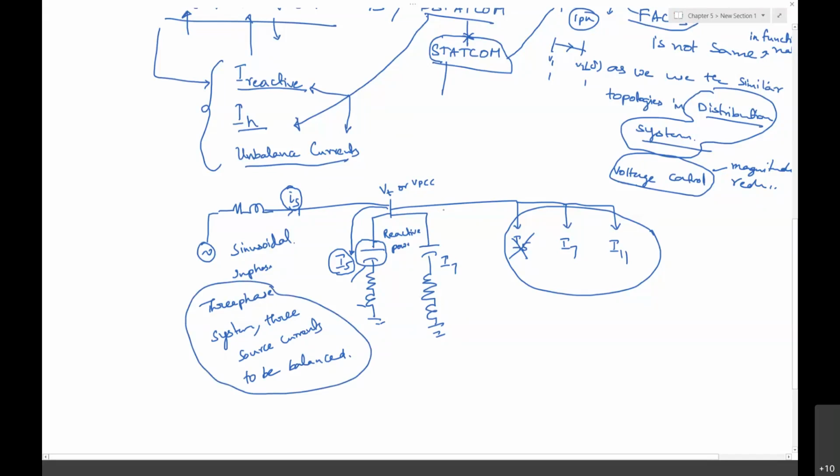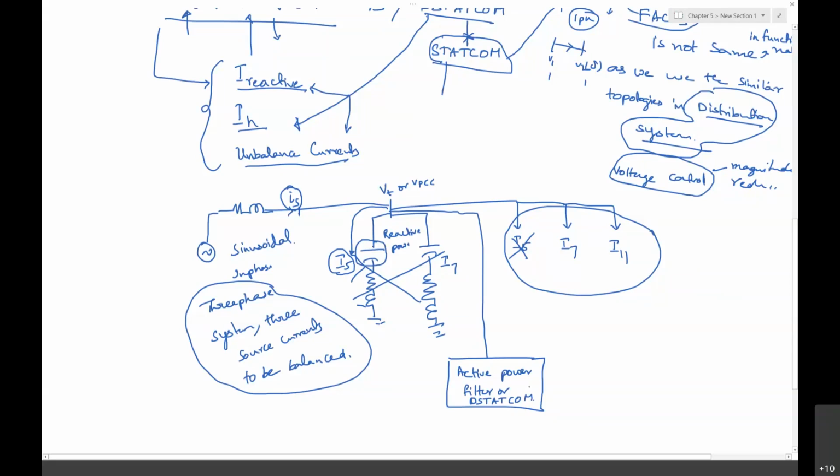In that case, instead of having this kind of combination, we are going to use an active power filter, or a DSTATCOM.